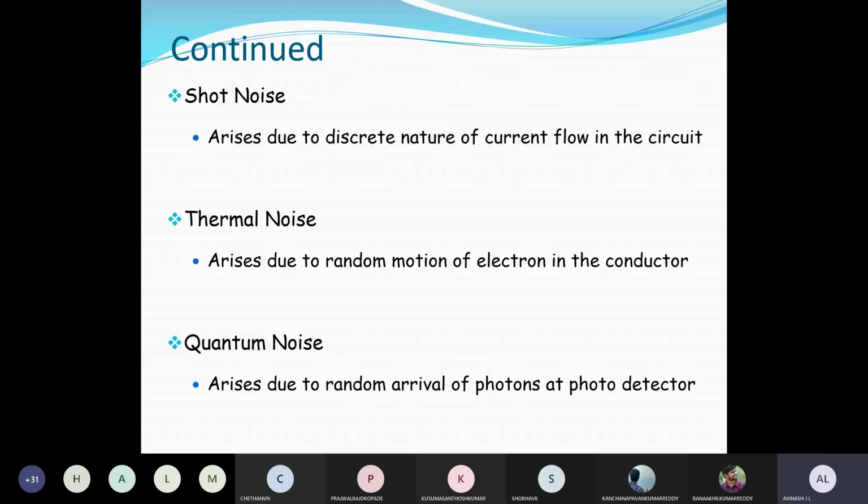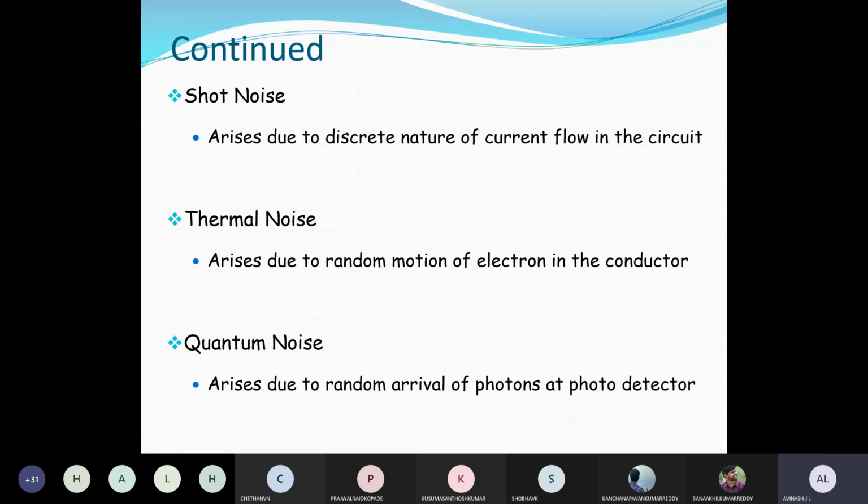So shot noise means what? Shot noise arises due to the discrete nature of current flow in the circuit. Discrete nature of current flow, that means what? If it is a continuous flow, then it is not a problem.